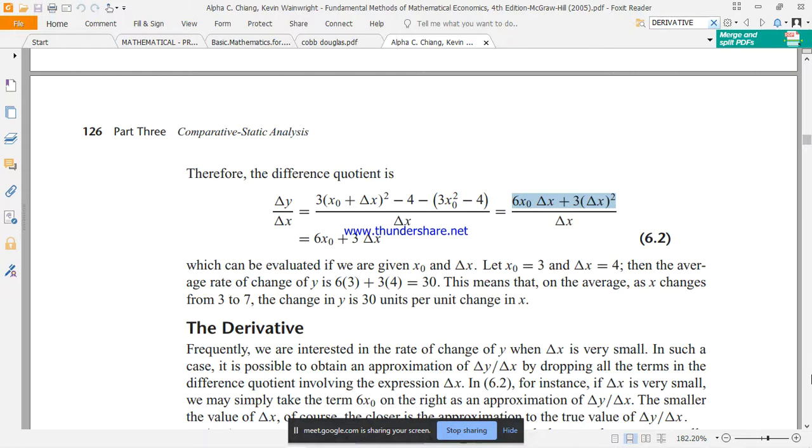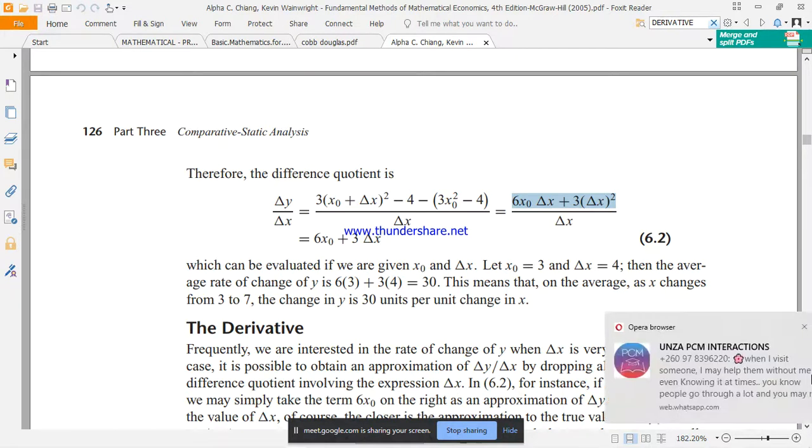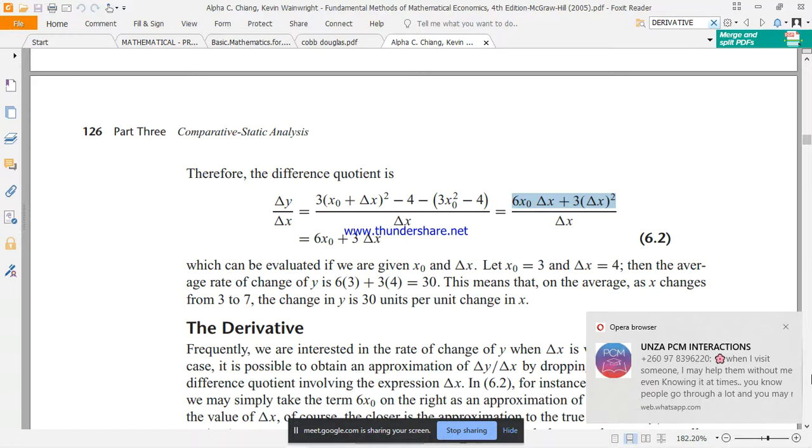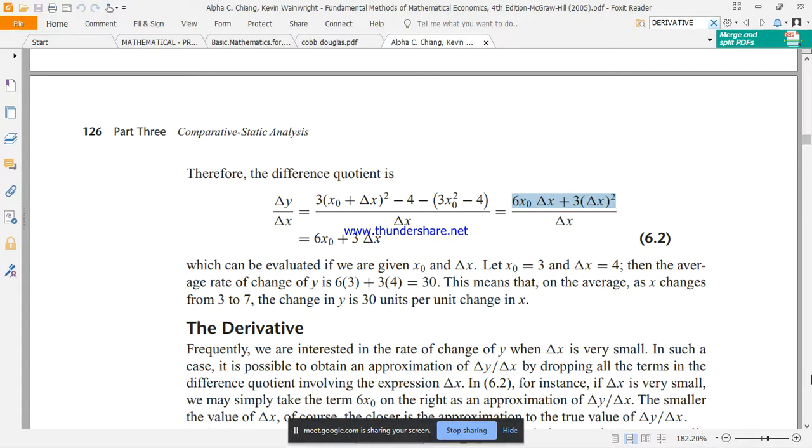So I'll have x naught squared plus 2 times x naught times change in x plus change in x squared, minus 4, minus 3x naught squared minus 4, everything over change in x.